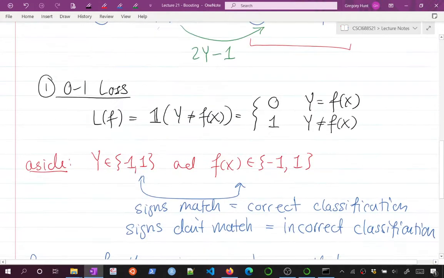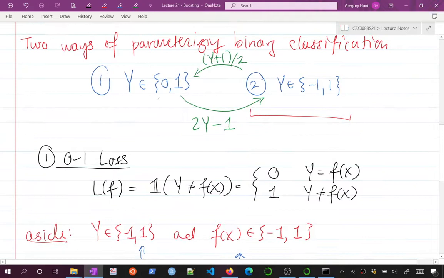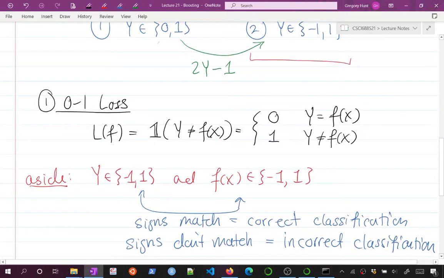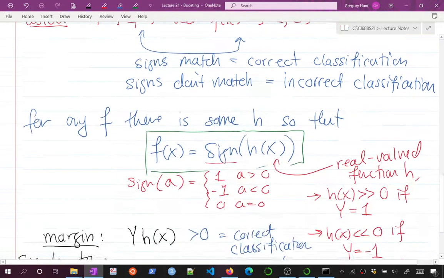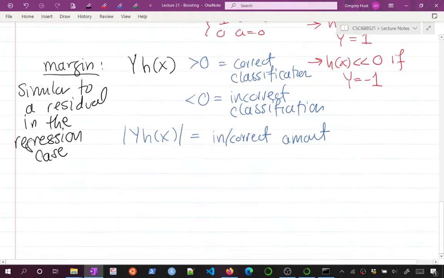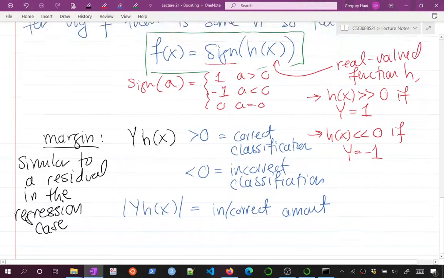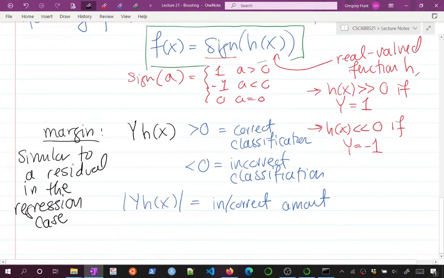For classification, it's theoretically nice to work with this -1, 1 parameterization, because we can define this thing called the margin, which is just really simple: y times h, because any classifier you can write as the sign of some function h. The margin plays the same role as the residual.